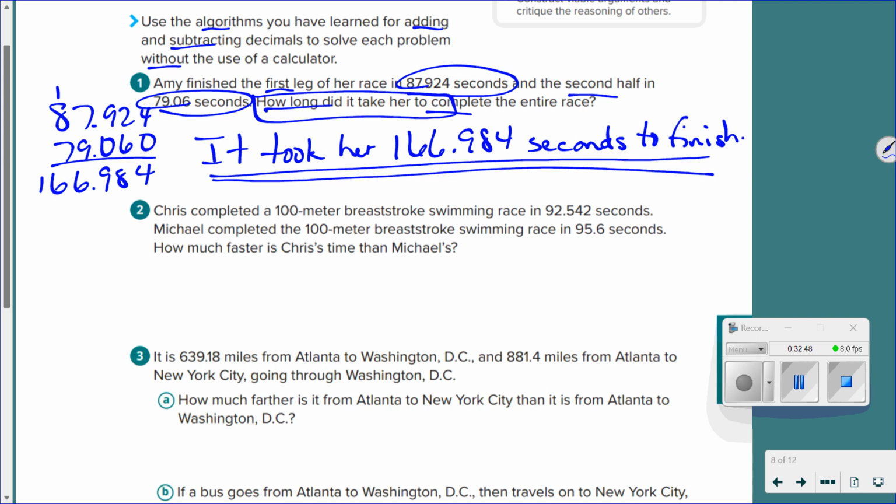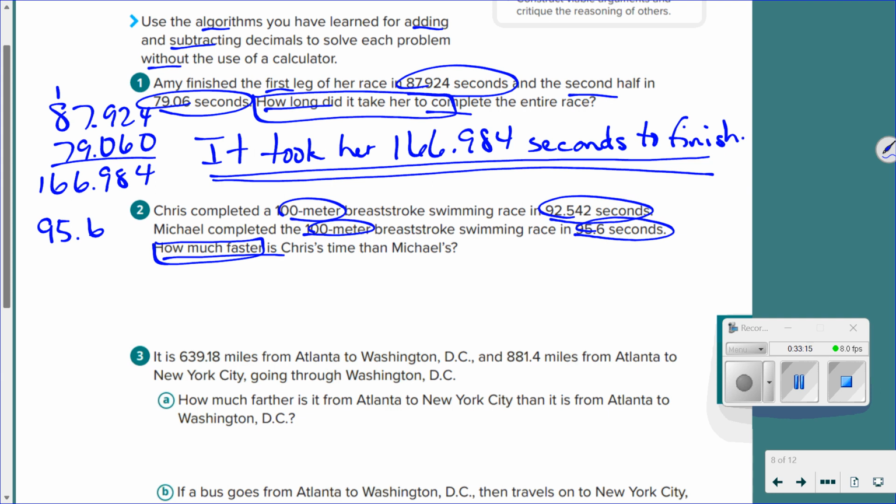Our second one, he completed the 100 meter in 92 and 542 thousandths. Chris did the 100 meter in 95 and 6/10. How much faster? So if it's faster, I'm now looking for the difference, meaning I'm going to subtract. Again, put the bigger number on top. And when I look at bigger number, I'm talking about value, not digits.